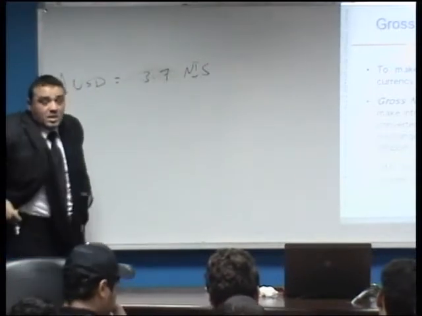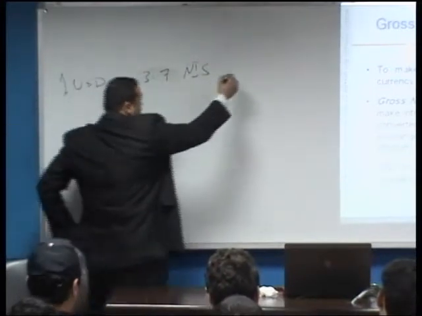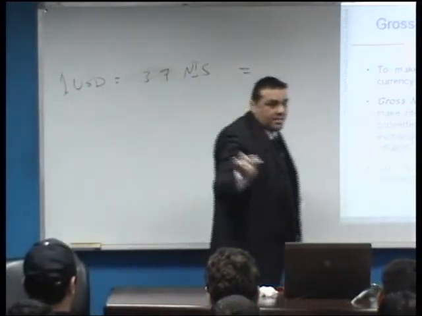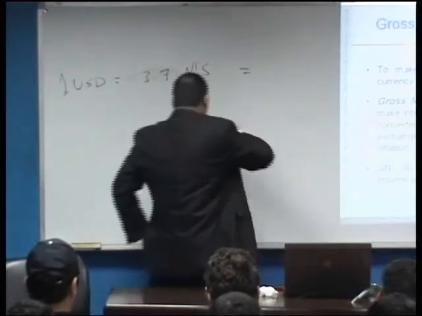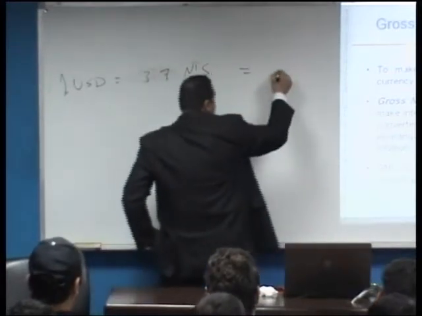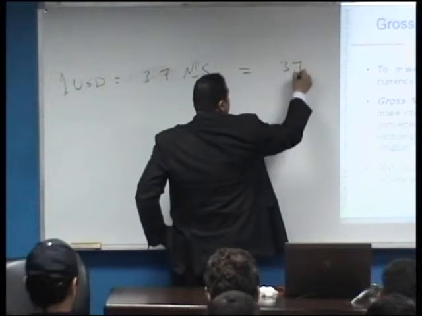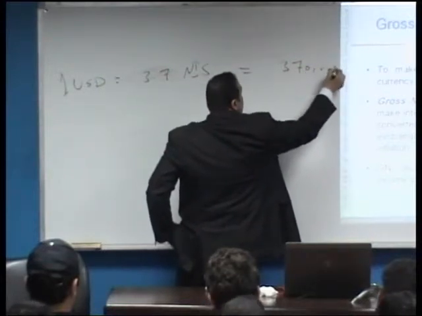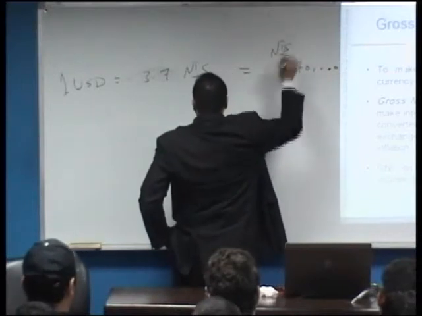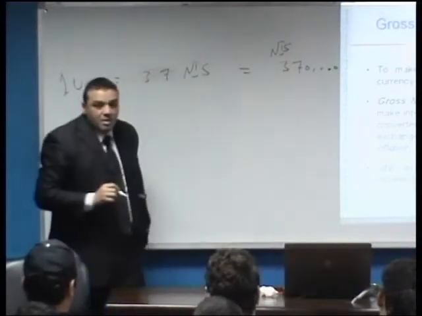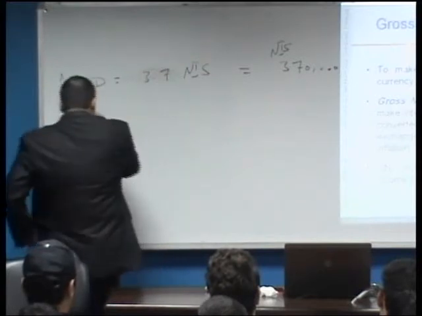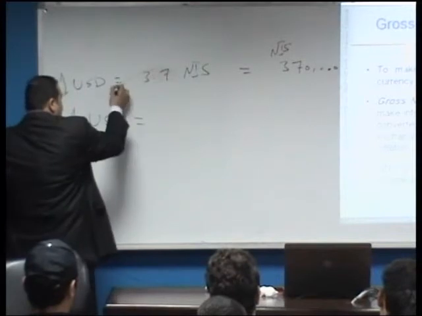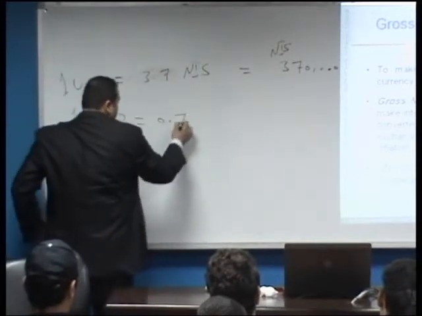And suppose the total output or income, the gross national income for Israel, was 700,000 shekels, right? And for the UK, 1 USD equals how many pounds? 0.7.